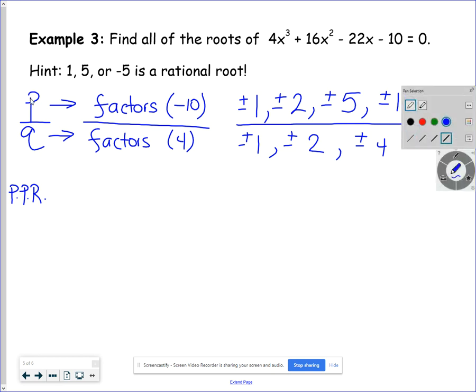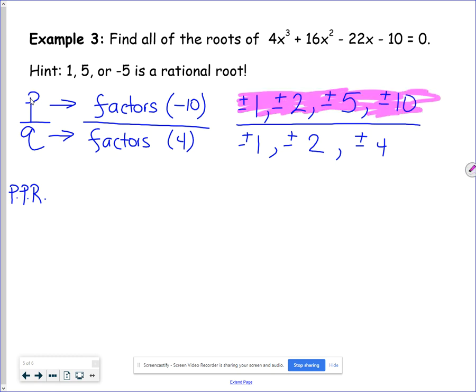So what do we do? Well, we're going to take all the numbers on top. So let's take 1, 2, 5, and 10. Put all these numbers over our first denominator, 1.